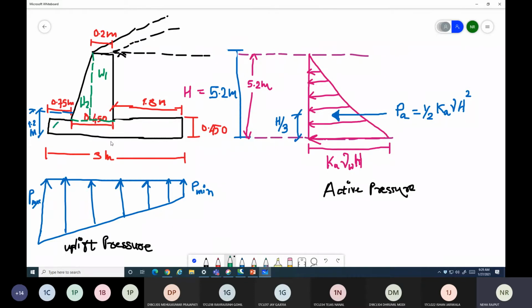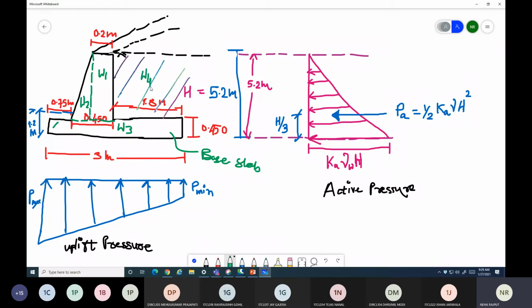Then the whole base slab, this is called the base slab concrete. I am considering the whole base slab area as W3, and here there will be backfill, and I am considering the backfill load as W4.